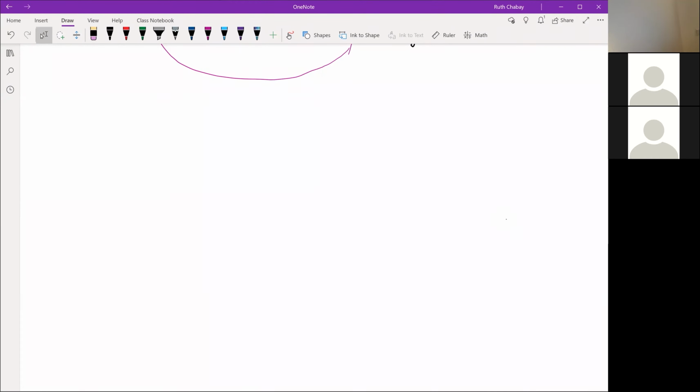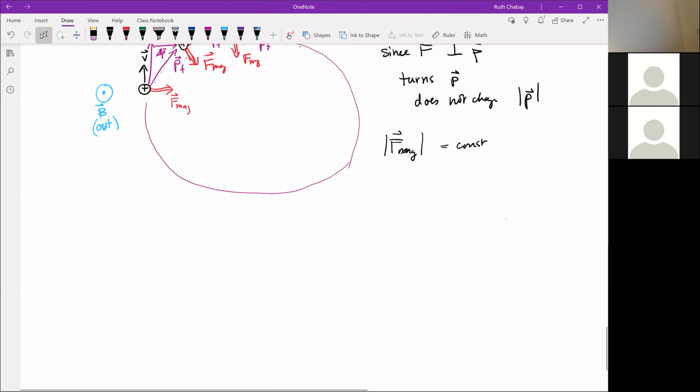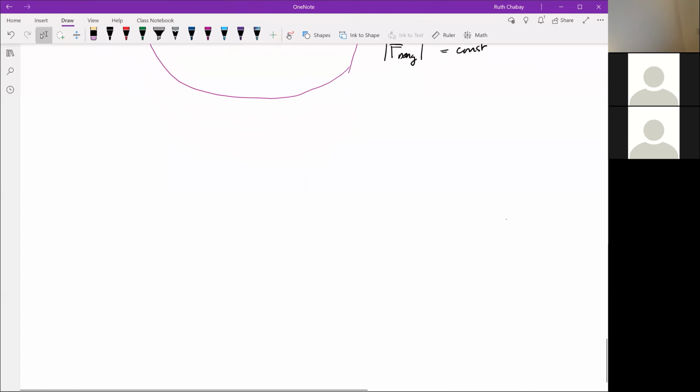Now, since we've got a circular orbit here, we can actually predict some things about the orbit.